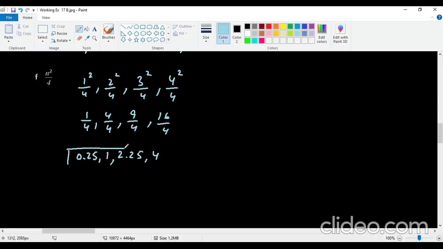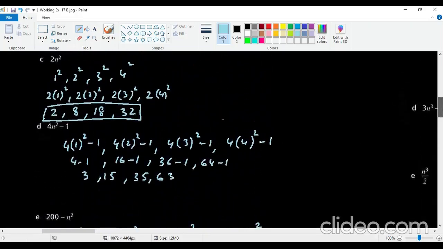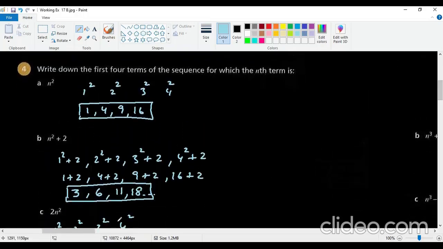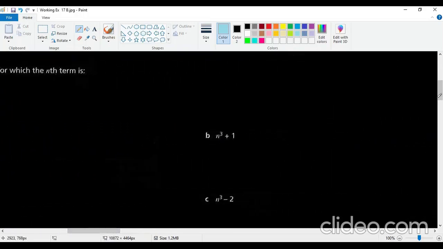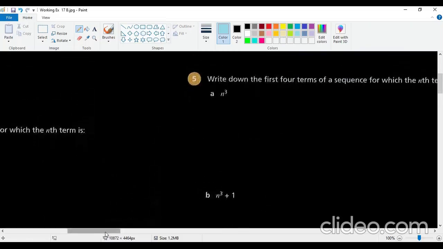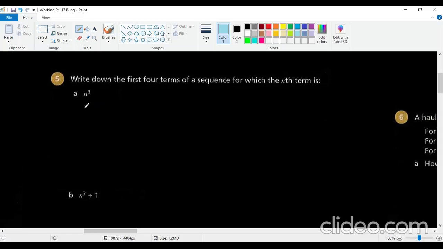Now moving on to question number 5, which is over here. Now comes n cube. It says first 4 terms. So 1 cube, then comes 2 cube, 3 cube, and 4 cube. So first one is going to give you a 1 itself. Second is going to give you 8. 3 times 3 times 3 is 27.